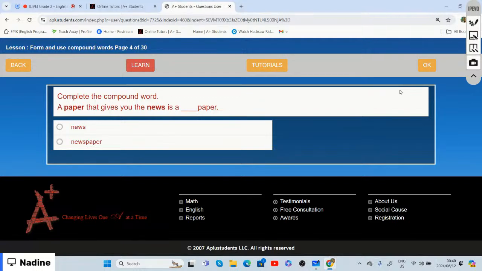And we can say a paper that gives you the news. If you have a paper that gives you the news, do we say that's a newspaper or newspaper? Option one or option two?